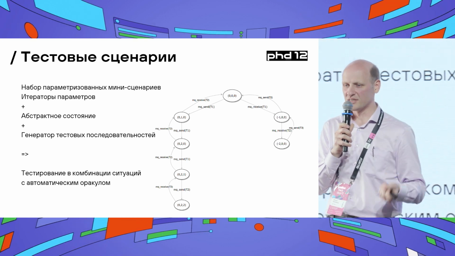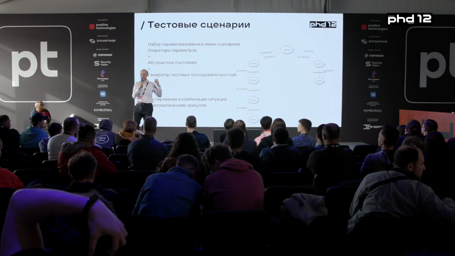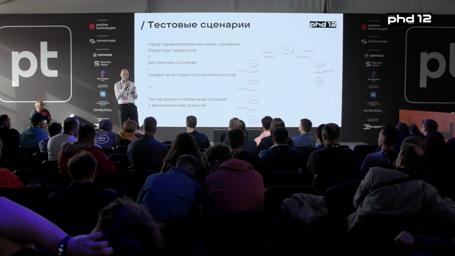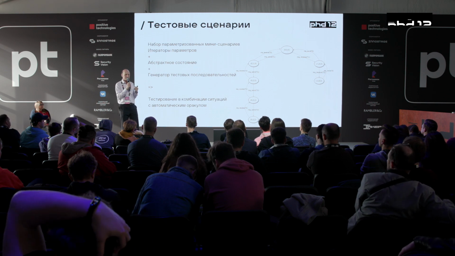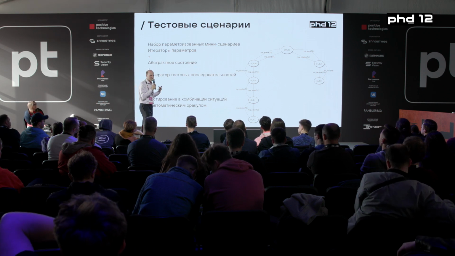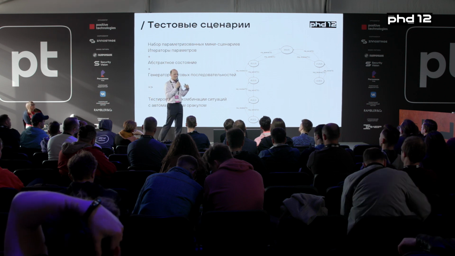And then the engine starts taking the mini scenarios from the bucket, checking the state and applying them. And it does automatic enumeration so that in the tested system we progress from one abstract state to the next and then to the next again.